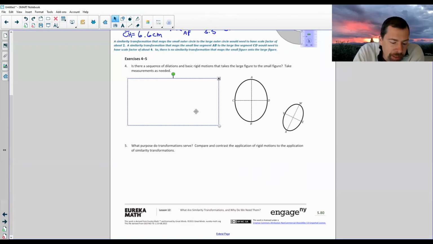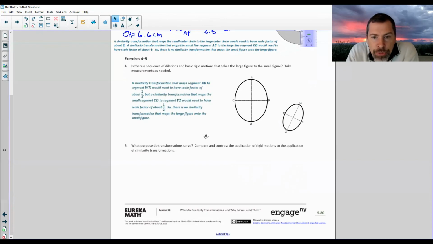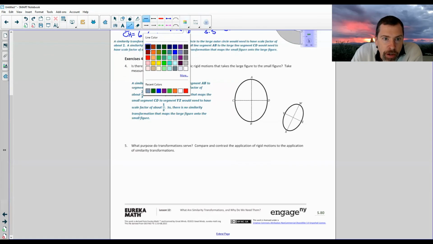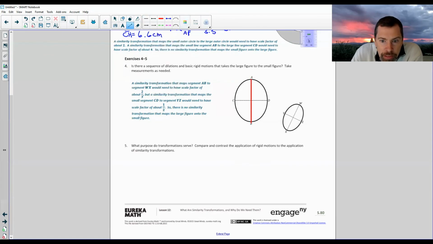All right, so just to speed things up here, I'm not going to go through it like I did the example. A similarity transformation that maps segment AB, which is here, compared to WX, would have a scale factor of approximately 2/3. So for the red, R equaled approximately 2/3. 2/3 is less than 1, WX is less than AB.